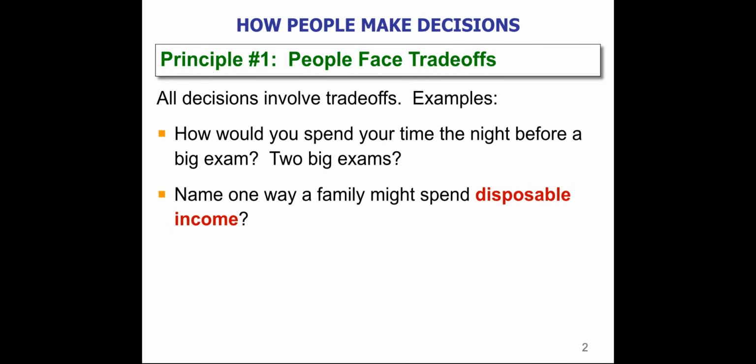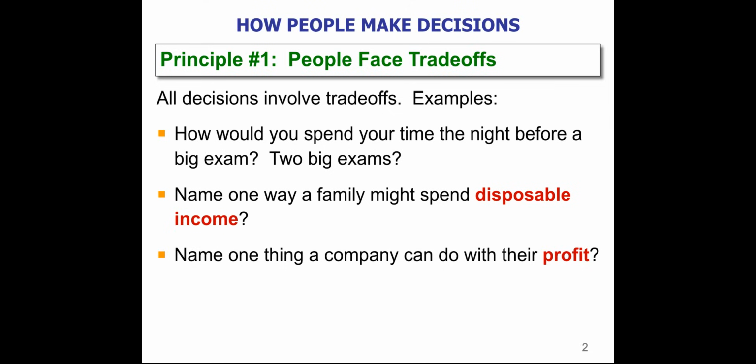Disposable income means all the bills are paid, so the rent has been paid, the electricity is on, food is on, gas is in the car. And lots of people also, in addition to those things, will upgrade the things they have. They buy a nicer house in a nicer neighborhood, or they buy a second car, or they save up money for something like a private school education for their kids.